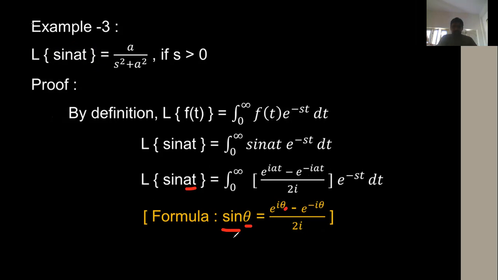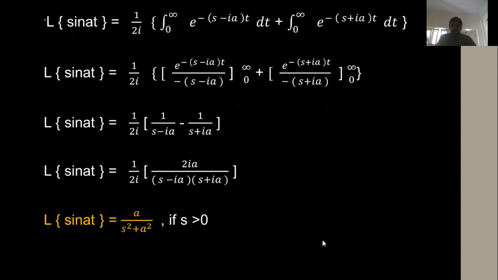So in place of sin at, we have substituted the exponential form, multiplied by e power minus st into dt. Now if you see in this slide, we have separated the exponentials.